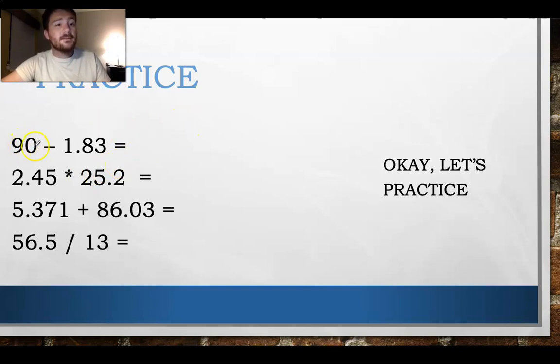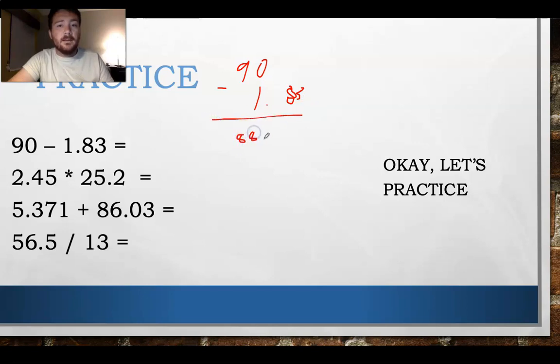Let's do some practice. 90 minus 1.83. I can't write very well with this pen. And what you're going to get is 88.17. And you're going to underline, because it's addition and subtraction, the place of significance.